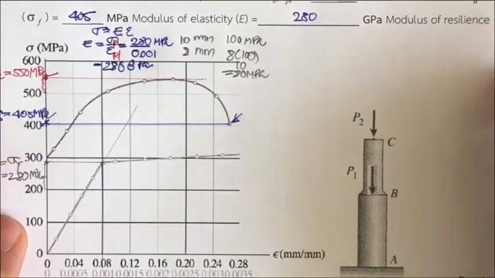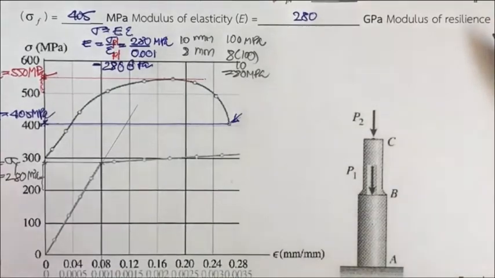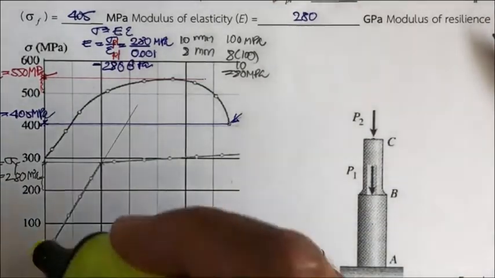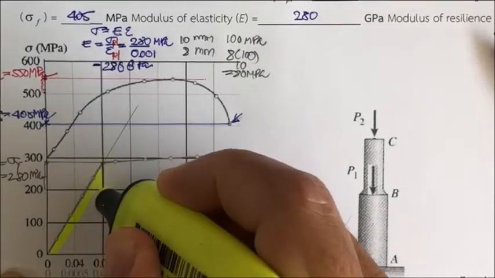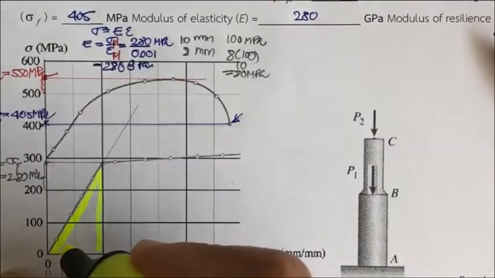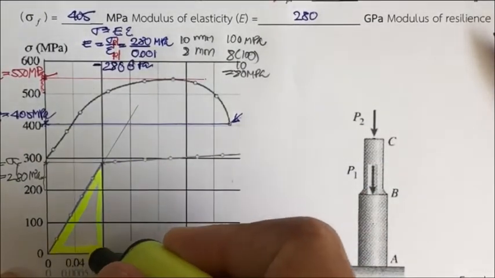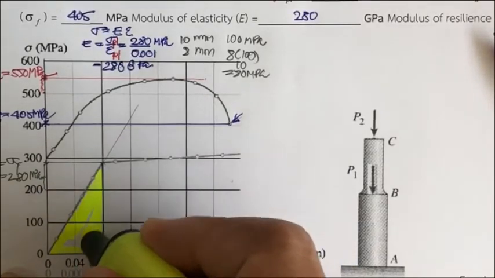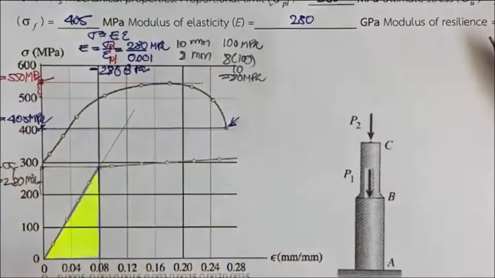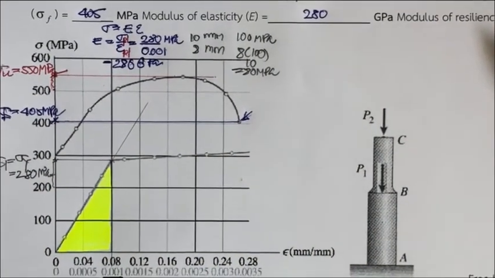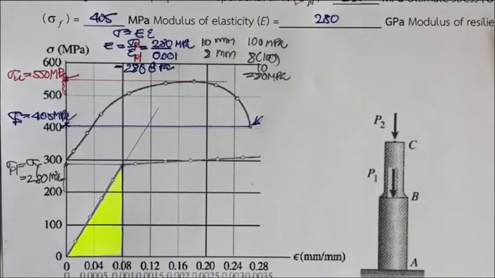The modulus of resilience is the area under the stress strain diagram during the proportional limit region. It is the energy that the material can absorb during the linear elastic behavior.